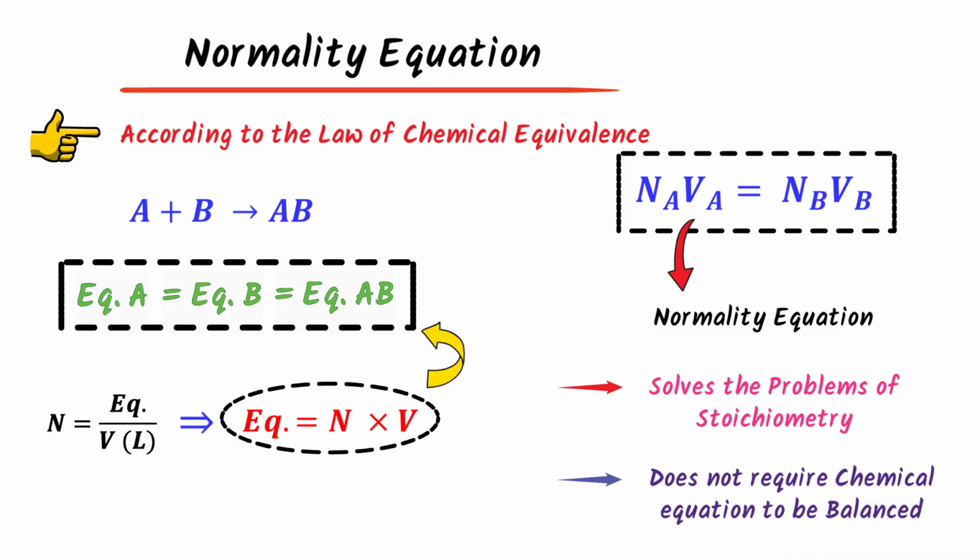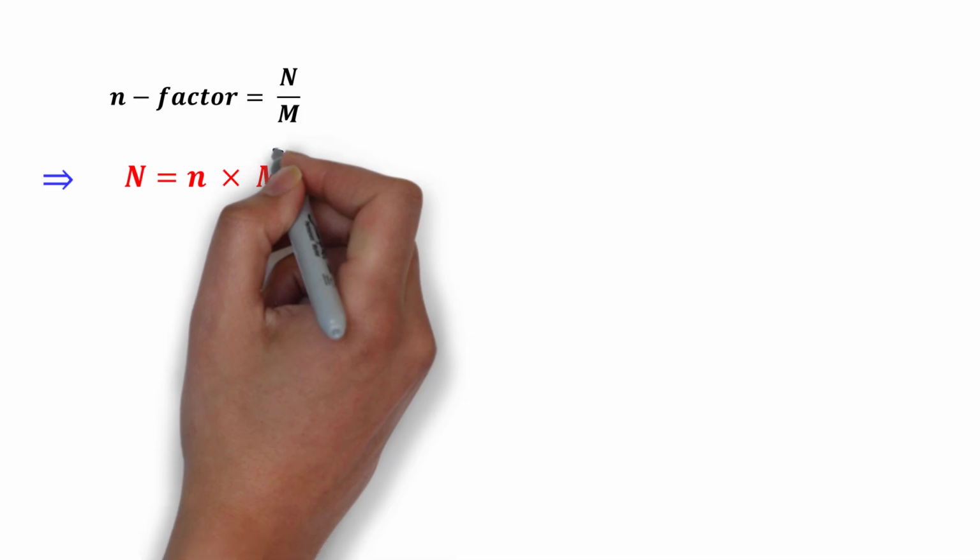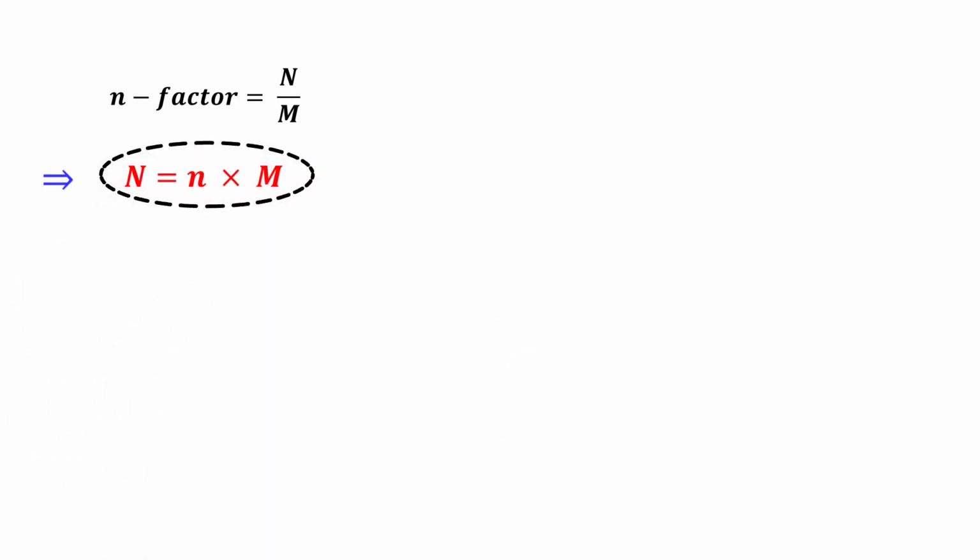Moreover, as we know, normality has a relation with molarity by way of n factor. So n factor is equal to N by M, from which normality will be equal to n into M, where n is actually the n factor.